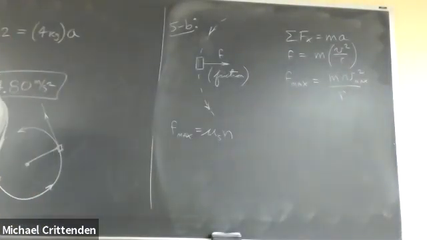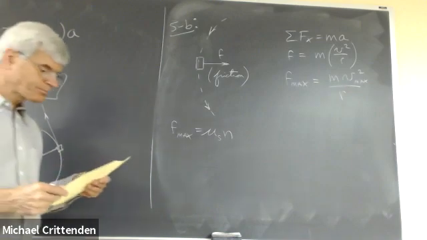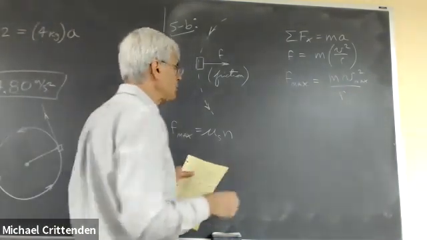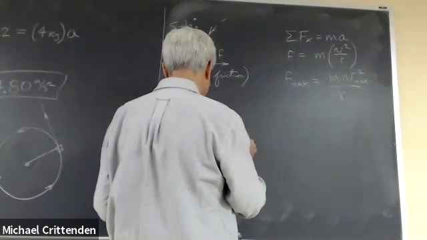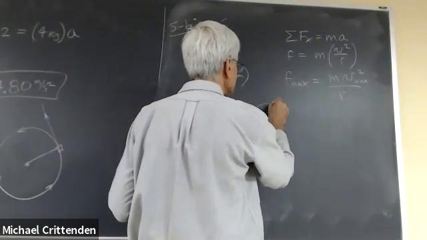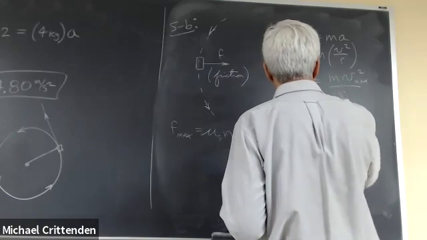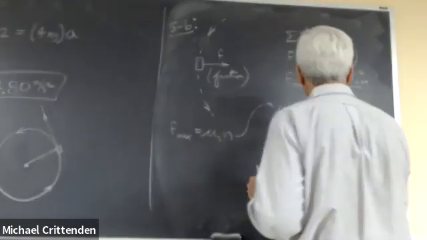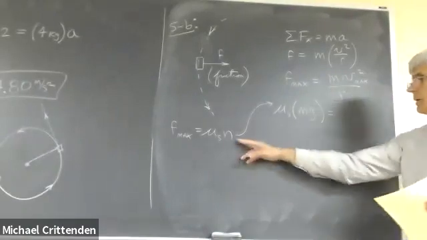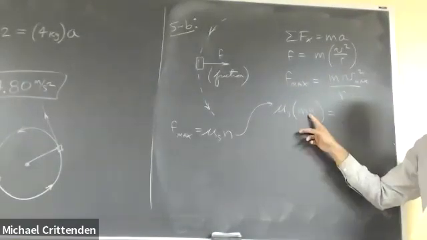Now, the maximum static friction, as we saw in, I think it was section 4, is equal to mu s times N. The normal force in this case is equal to the car's weight.